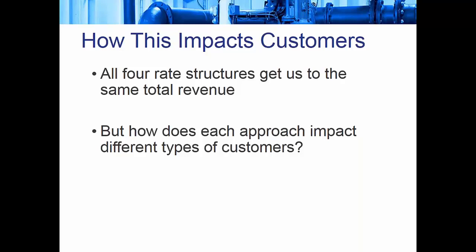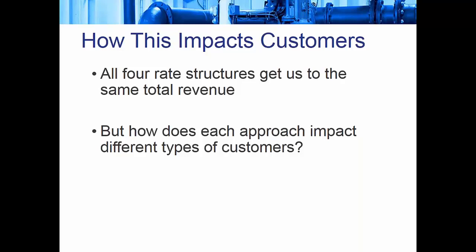So if you are a very low user, you're going to pay a little bit less for those fixed charges than somebody who's a higher user, but you're still going to pay more than just based on the volume. So that is a philosophy that you may have.